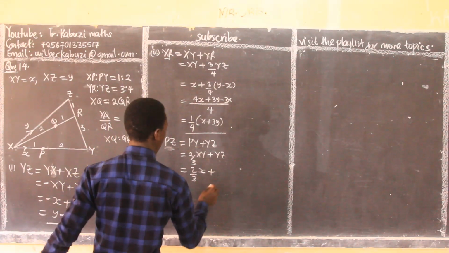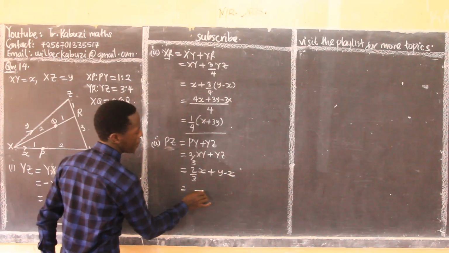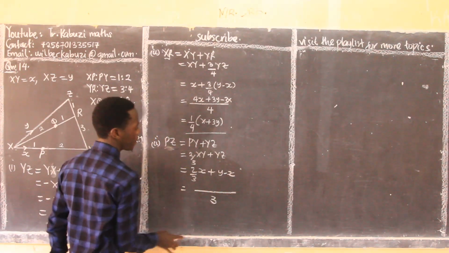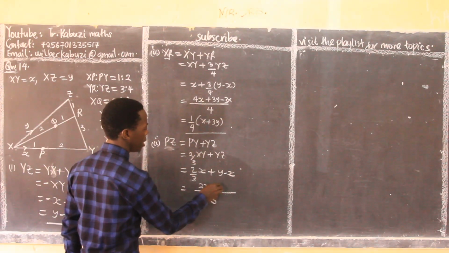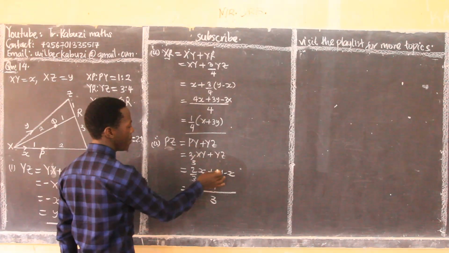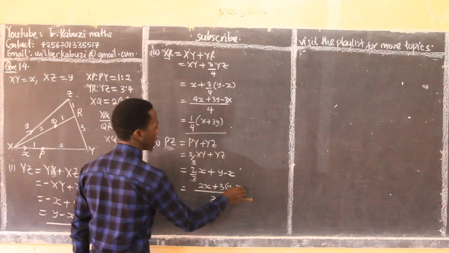Our YZ is here, Y minus X. Get our LCM, which is 3.